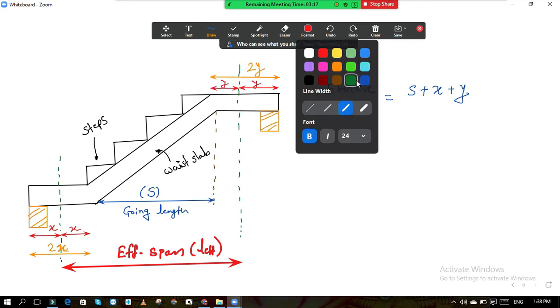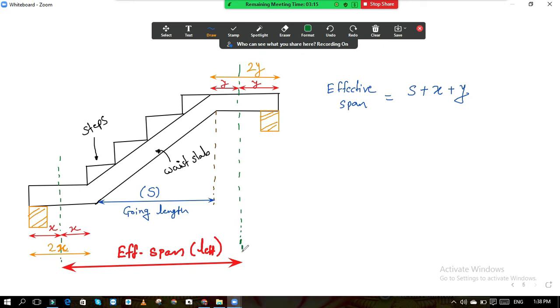Whenever it is supported at the end and two supports are given at the end of the landing, then you should take the going length plus half of the width of both the landings. But there is also one condition when you are going to use effective span equal to S plus x plus y.